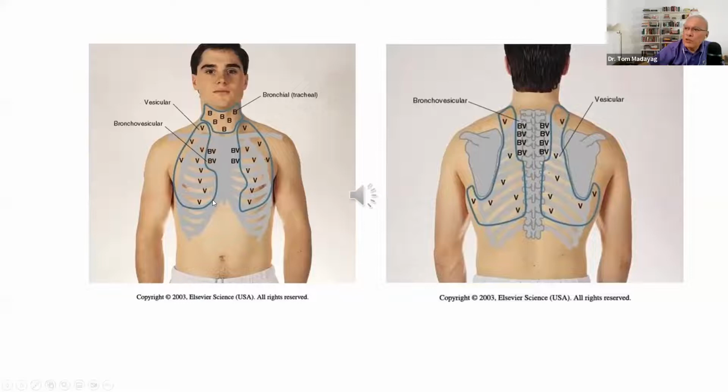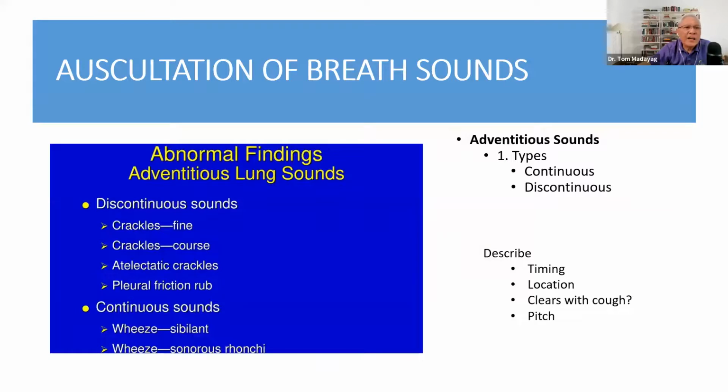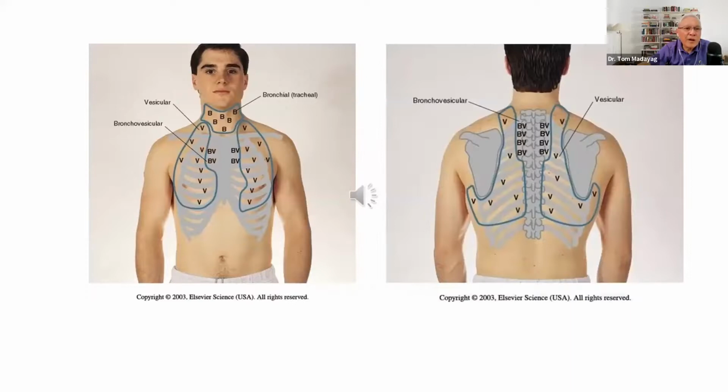So the areas wherein you're going to hear the vesicular breath sounds, as I said, are in the periphery. So let's go on to the next sound, and they are going to be your bronchovesicular breath sounds.